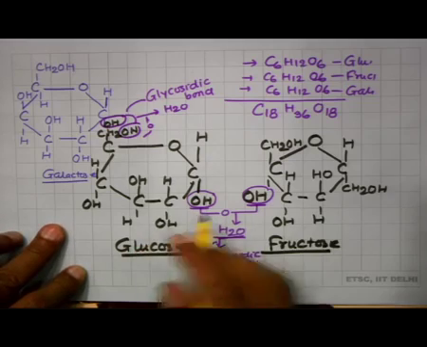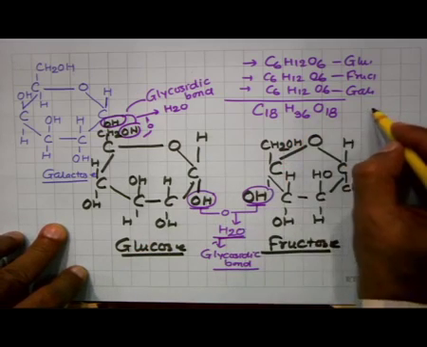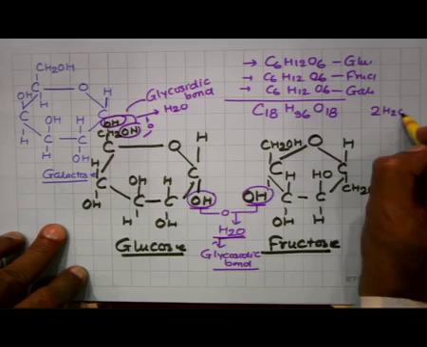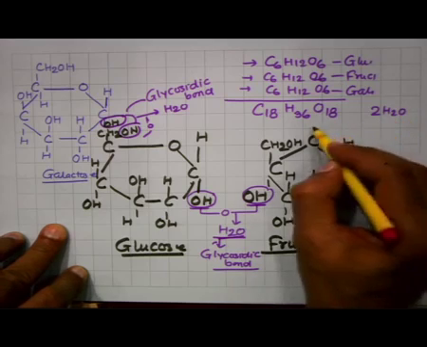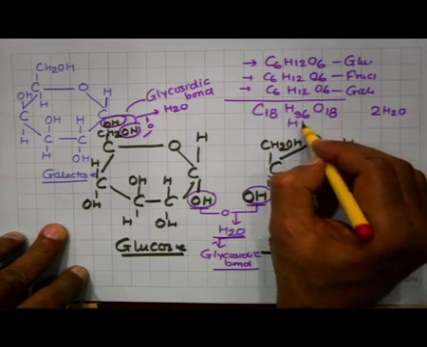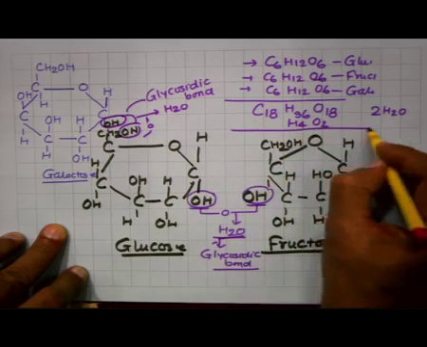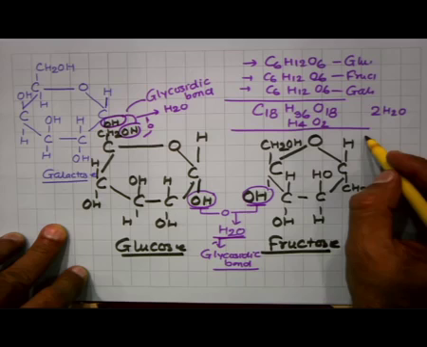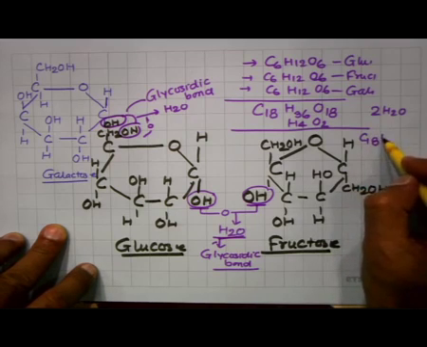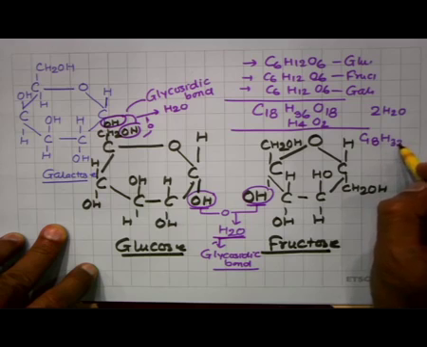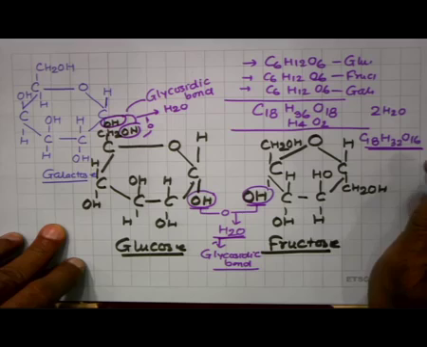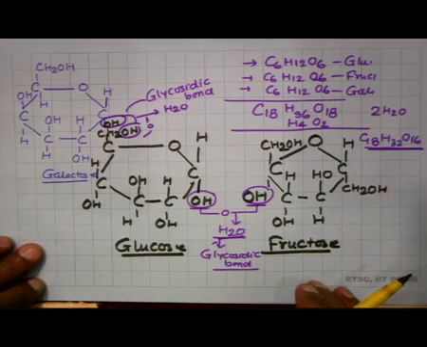Now, remove 2 H2O, which means H4 and O2. So, we can easily write the general formula C18H32O16. This is the formula of raffinose.